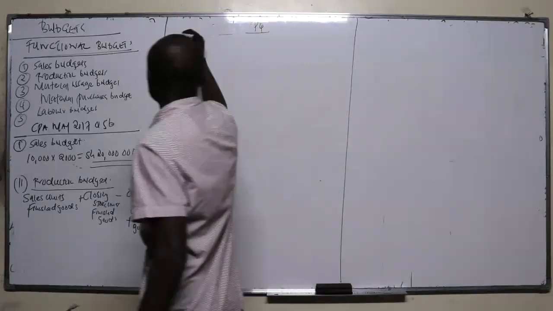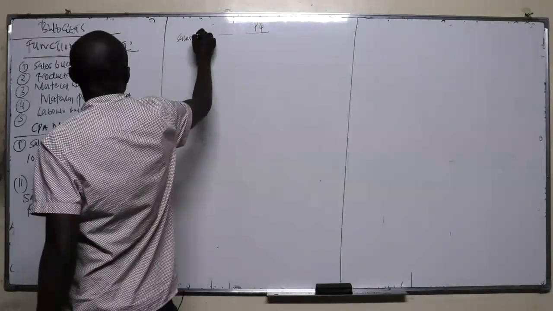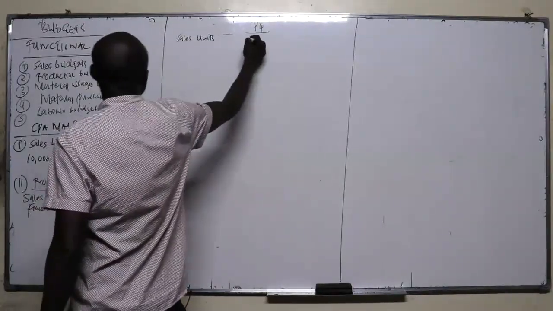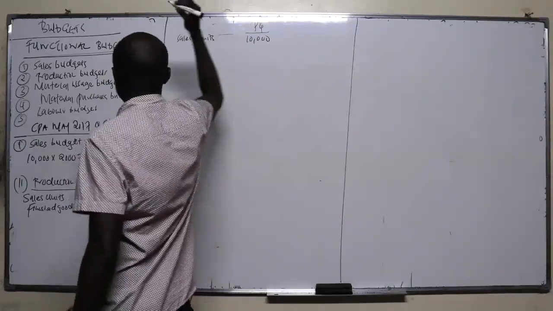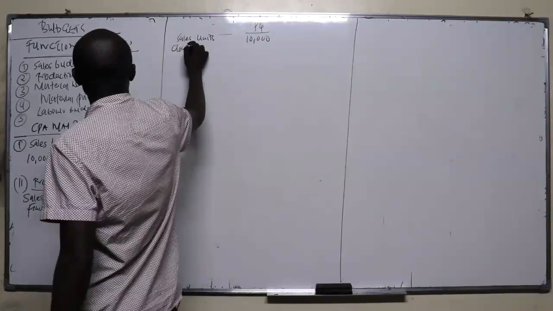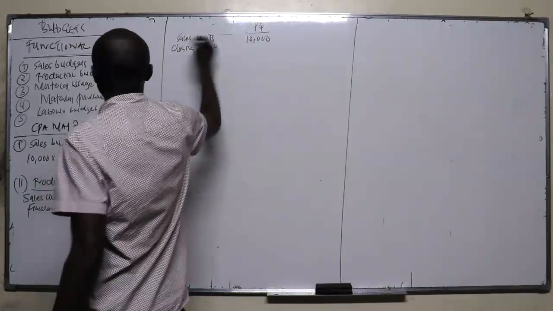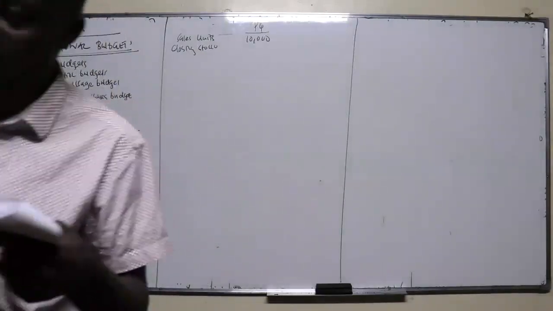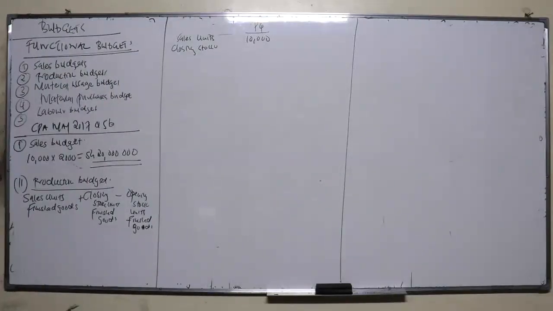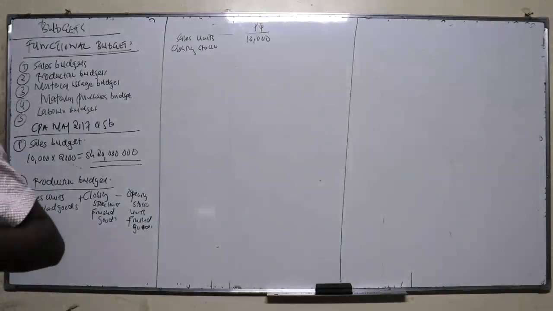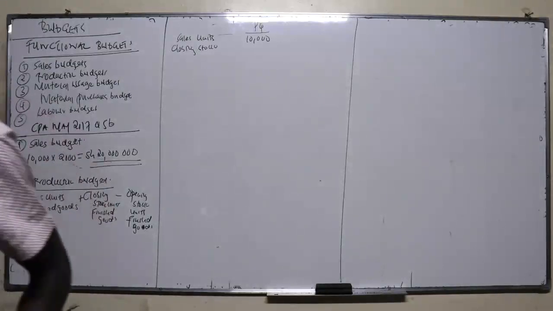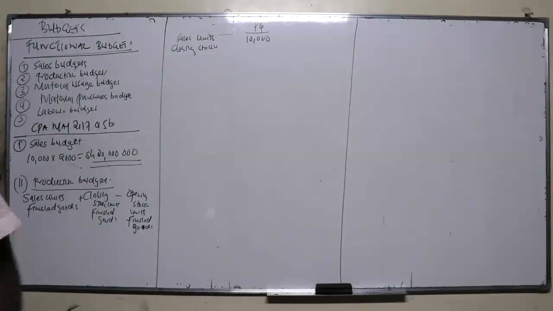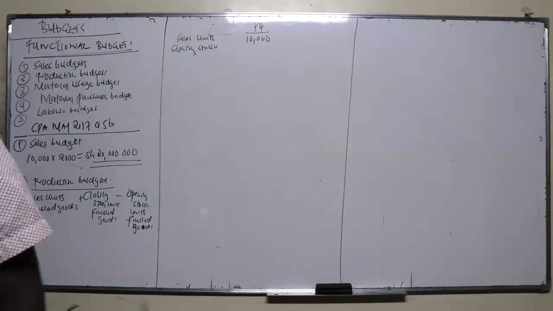So the sales units, this is 10,000 units. So they estimate, and then the closing stock. According to note number 6, the company plans a reduction of 50% in quantity of finished goods at the end of the month. So the closing stock should be equivalent to 50% of the opening stock.